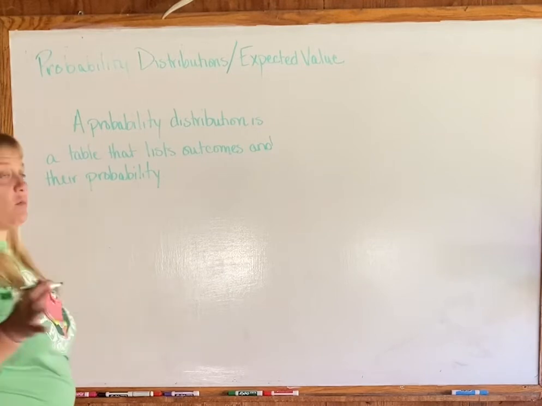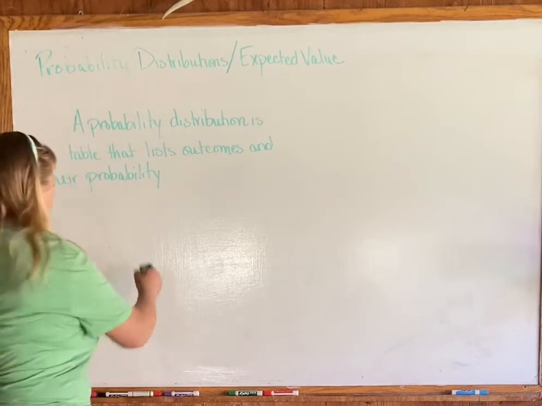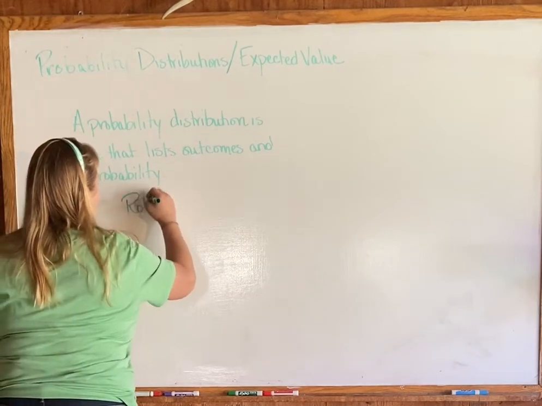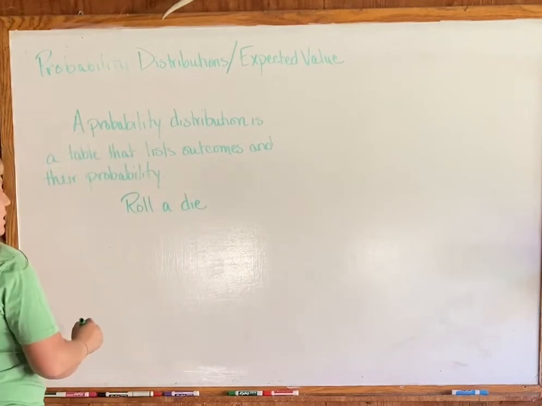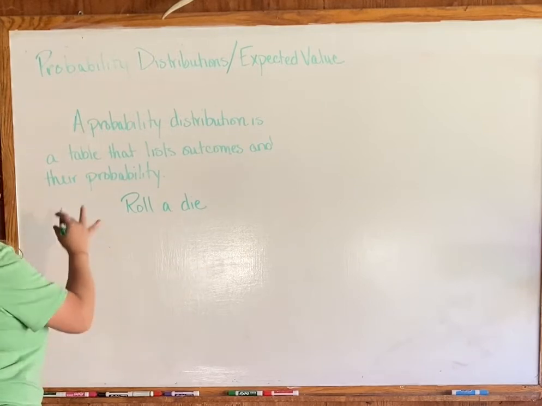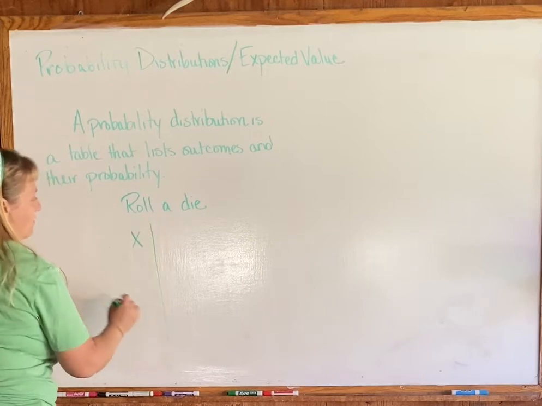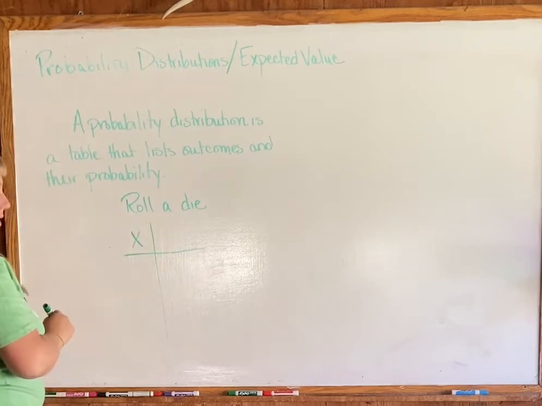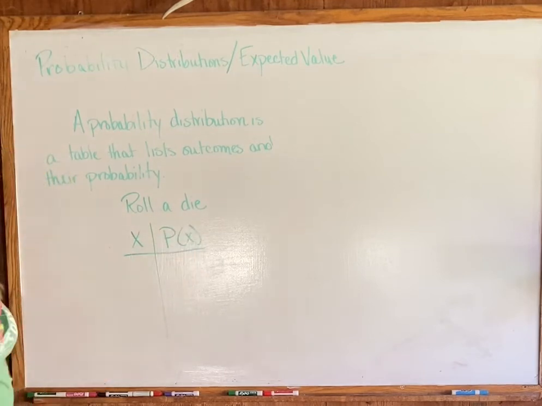Let's use an example we've used before. Let's say that we're going to roll one die, just a single die. Instead of listing the sample space and writing out the events, we're going to do this in a table form. I'm going to let X be all the different outcomes that we could have, and then I'm going to put a column over here that's P of X. So we're going to have all of our different outcomes, and then their probabilities.